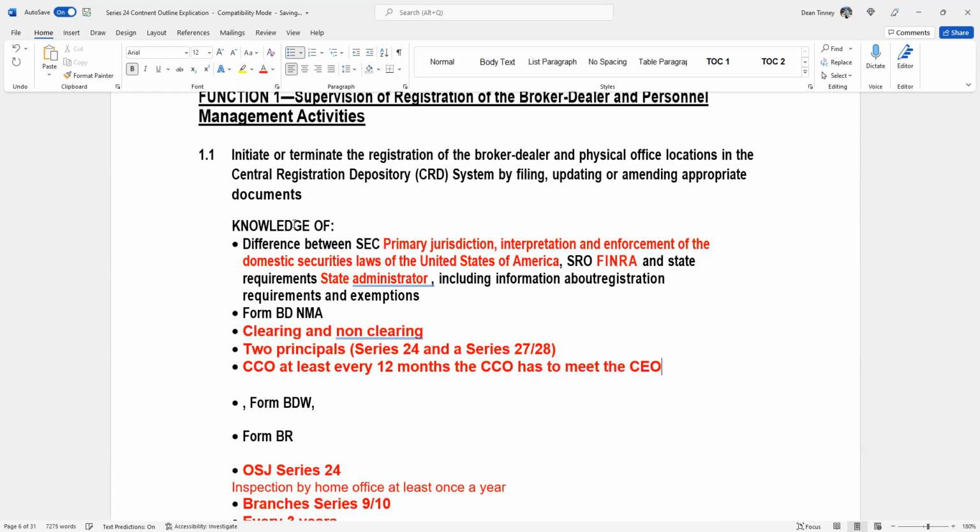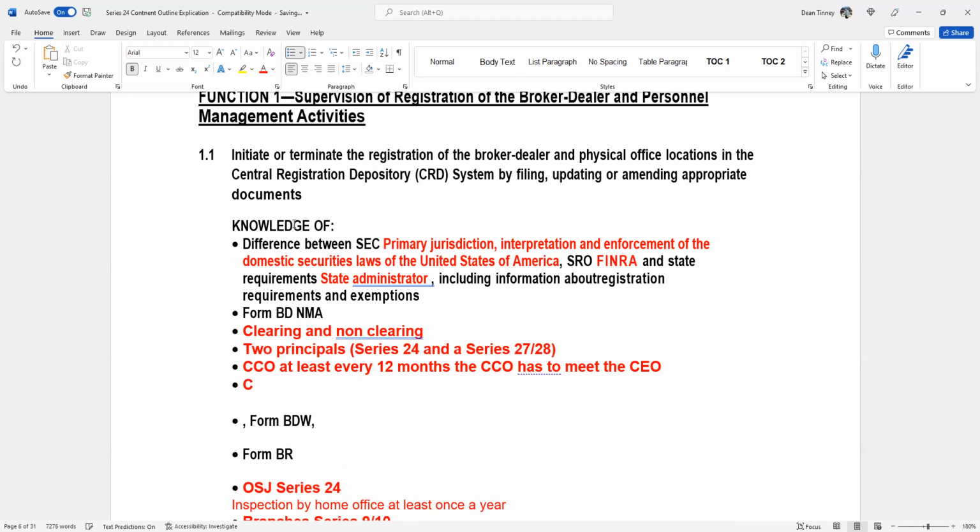So, the Chief Compliance Officer, once every 12 months, gets to speak truth to power. And that meeting has to be certified, meaning there's got to be some kind of documentation, attestation that it was actually done.